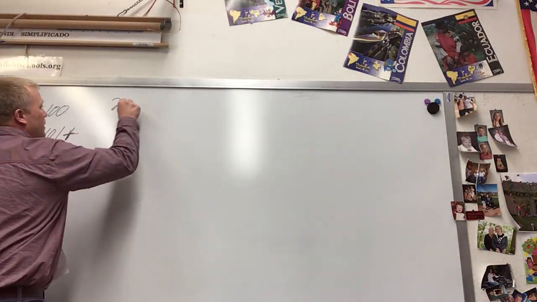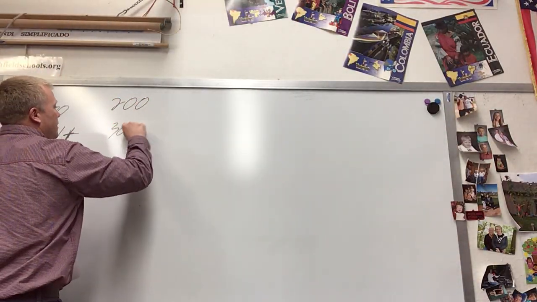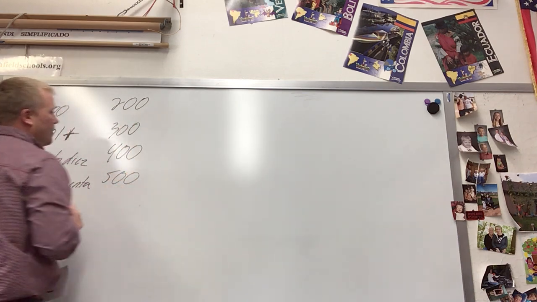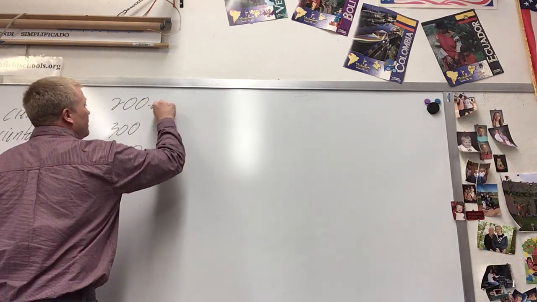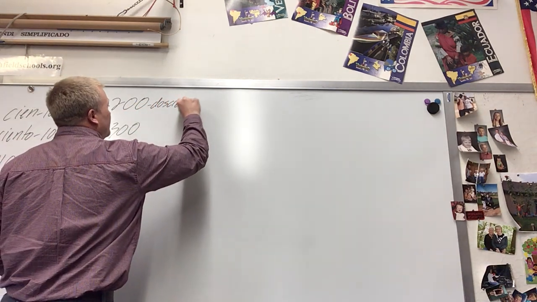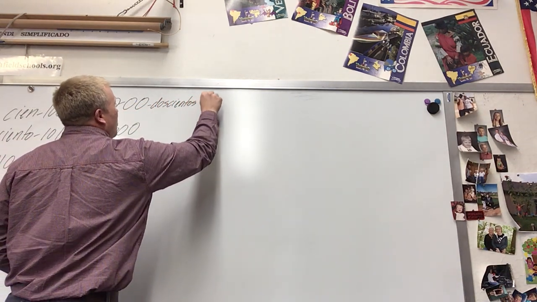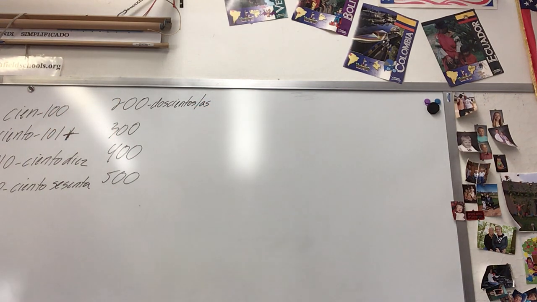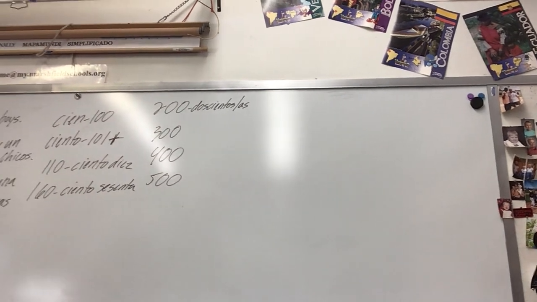So we have 200, 300, 400, 500. I'm going to stop right there. So 200 is doscientos or doscientas, based on the gender of the thing you're describing.